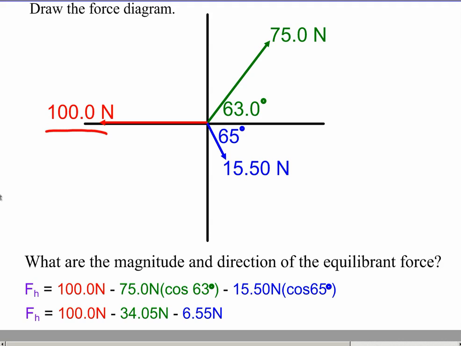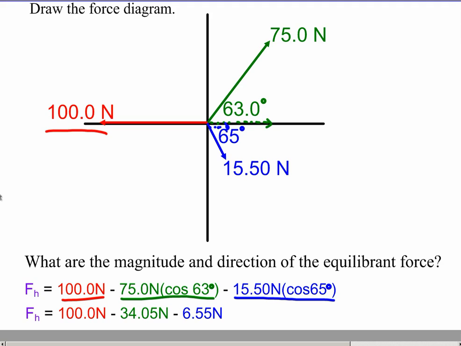That's our plain old horizontal force. We're going to take the horizontal component of our 75 Newton force. So that's 75 newtons times the cosine of our angle, and it's pointing to the right. We're going to take the horizontal component of our 15.5 Newton force, so it's the cosine of 65 degrees, and that also is pointing to the right.